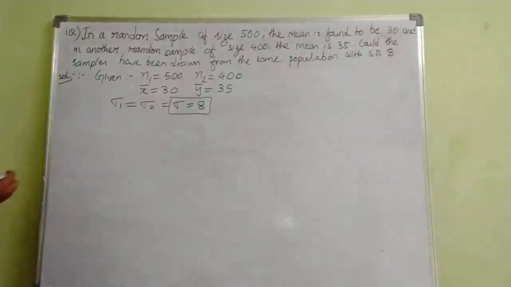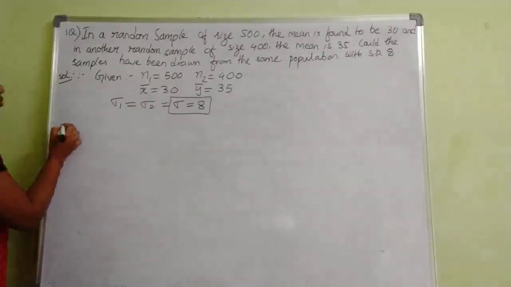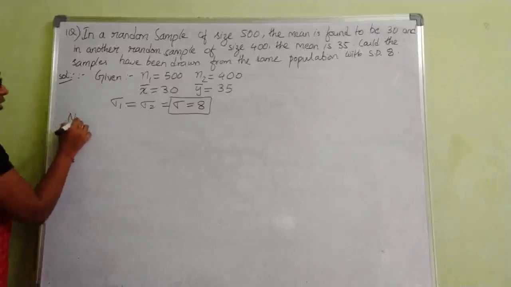Now write down the null hypothesis and alternative hypothesis.